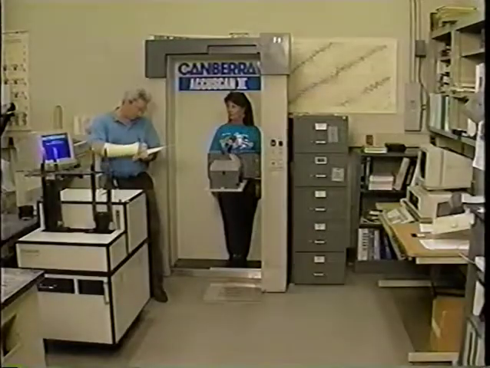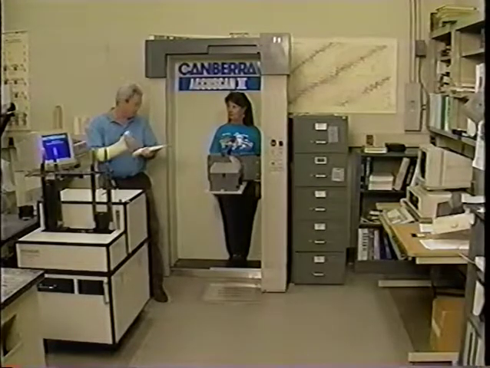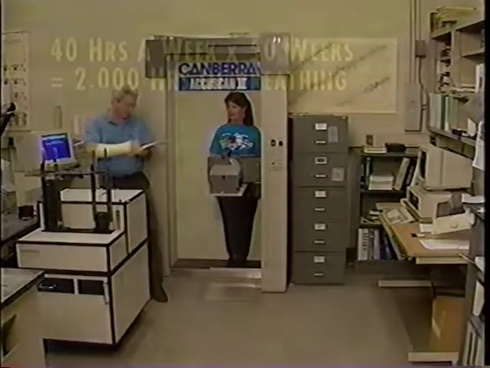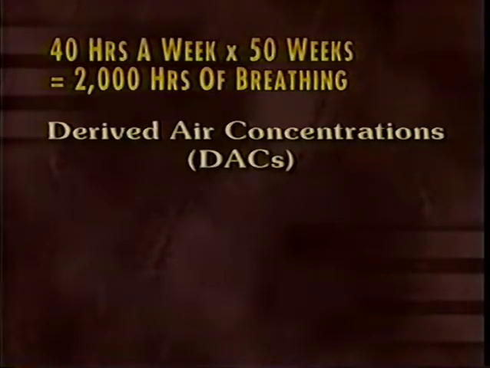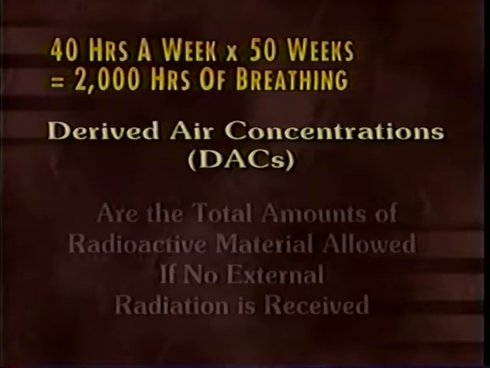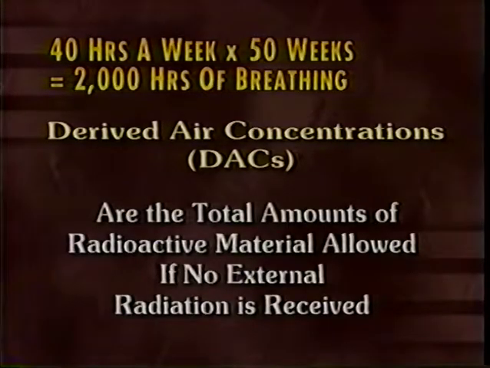The limits for concentrations of radioactive material in the air that workers can be continuously exposed to are based on estimated exposure for an entire working year, 2,000 hours of breathing. We call these derived air concentrations, or DACs, and they are the total amounts allowed if no external radiation is received.